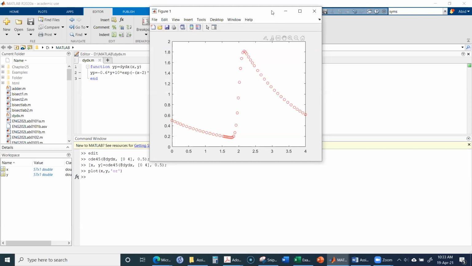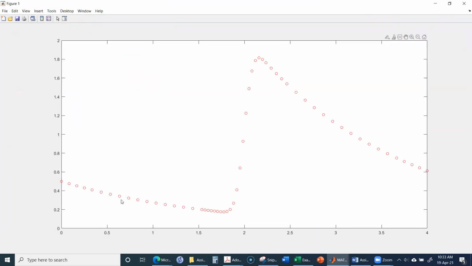Here you can see that I get this plot in the form of circular markers, and these markers have a larger step size, and near this abrupt change area the step size decreases, and then we have the bigger step size again.